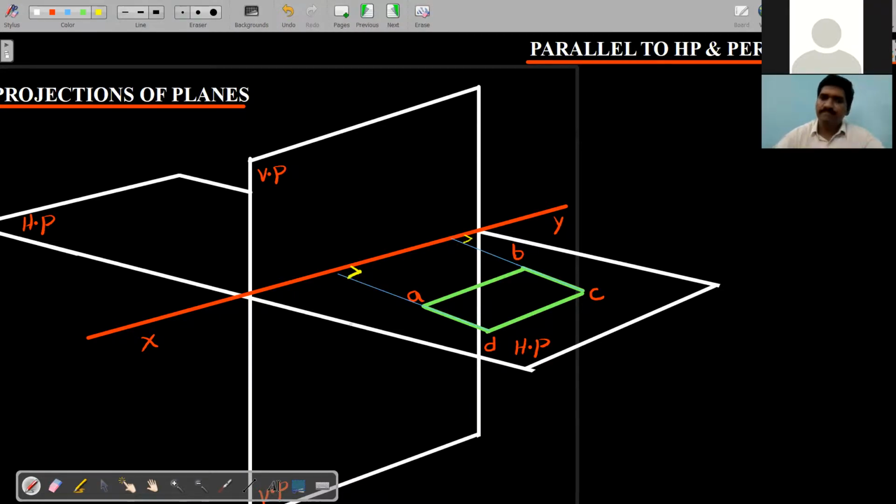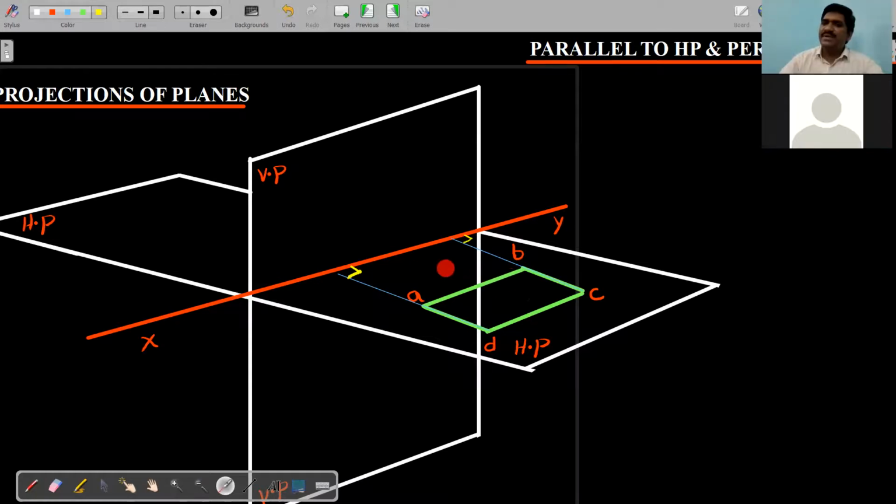Am I right? Okay, right. So since the projector lines are perpendicular to the VP, definitely I can say that this is perpendicular to the VP, but parallel to what? HP. You understand the condition of it clearly? It's perfect.